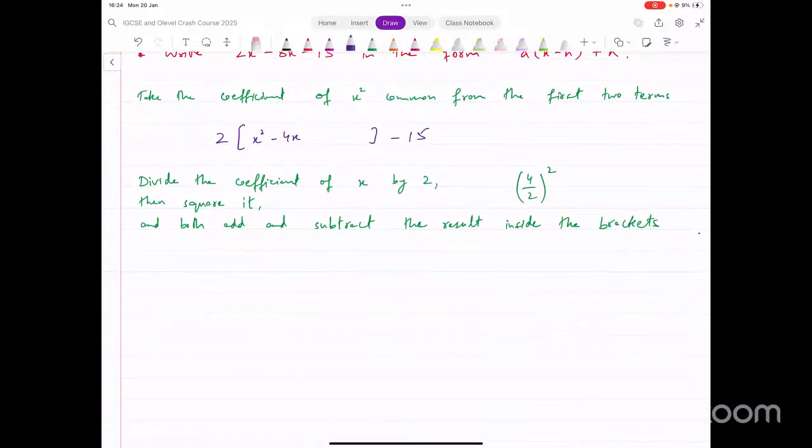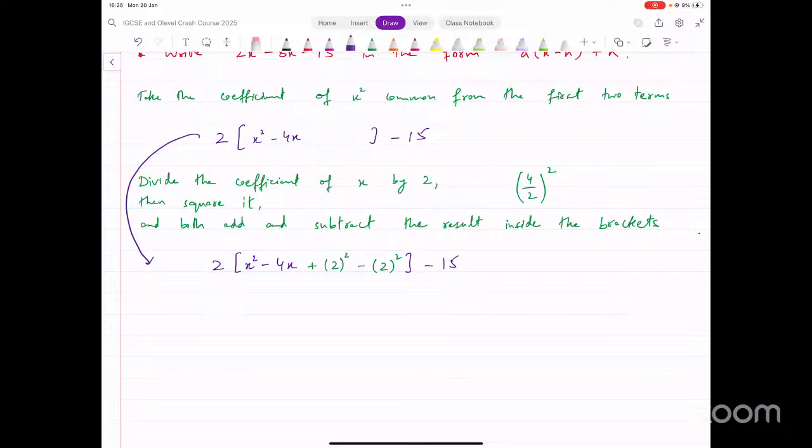Now, what does that mean? Once you have this form and you've taken 2 common outside, inside you have x squared minus 4x. You've divided 4 by 2, that gives you 2. You've squared it, that gives you 2 squared. Then you both add and subtract this number, 2 squared, inside the bracket. Outside you have minus 15 as it is.